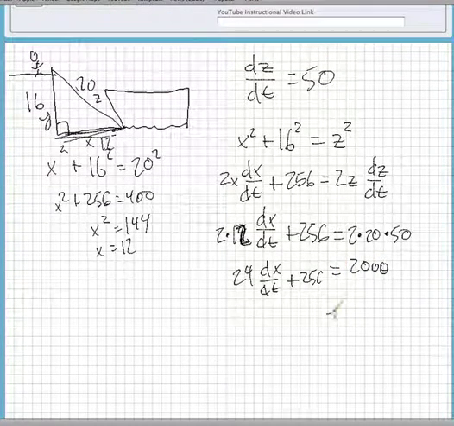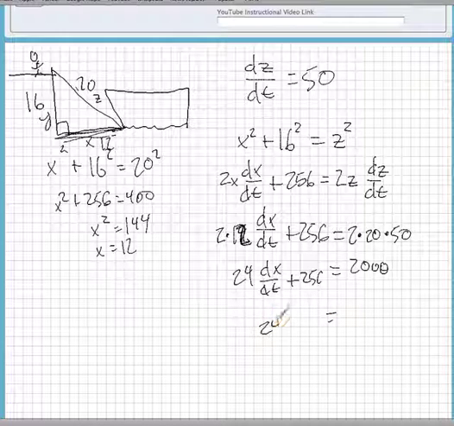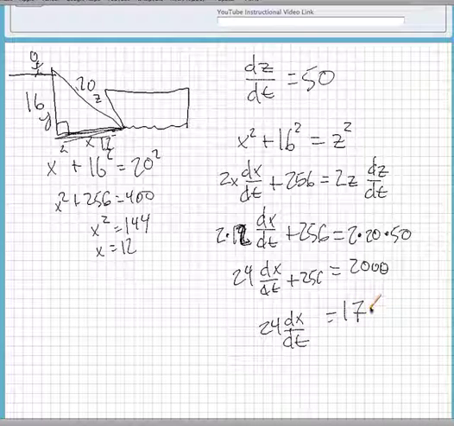And then finally we get 24 dx/dt equals the remainder, and this is just simple algebra solving for this rate.